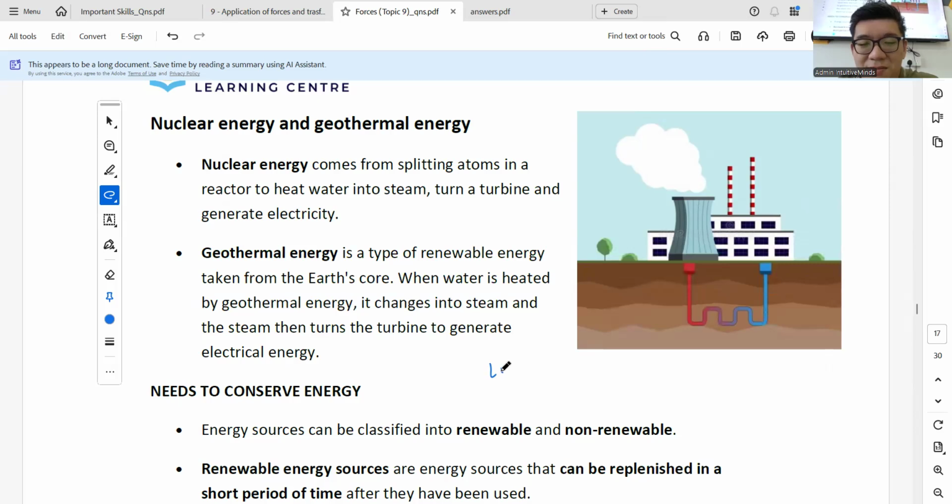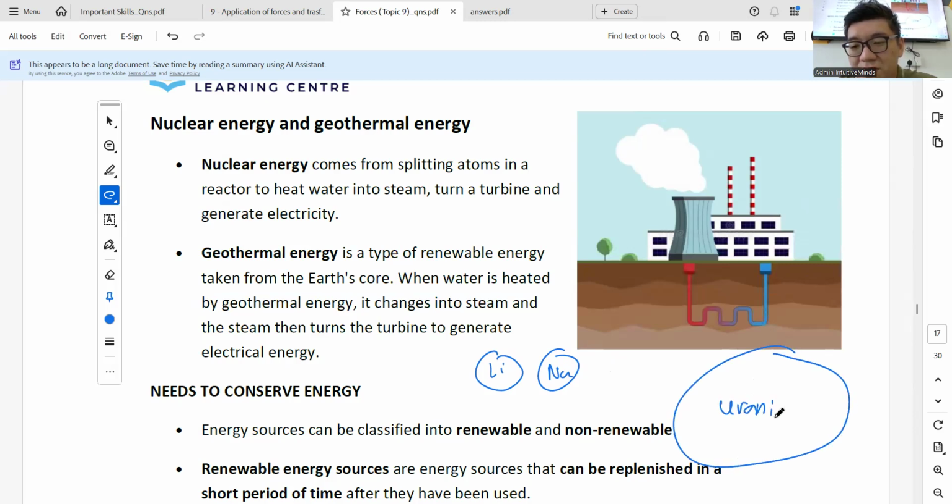Like lithium, sodium atoms. Now, what if you have a very big atom called uranium and we shoot something, hit it, bam, what's going to happen? It's going to split up like an egg.